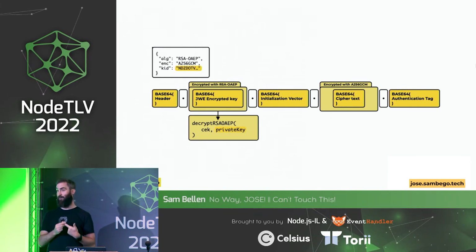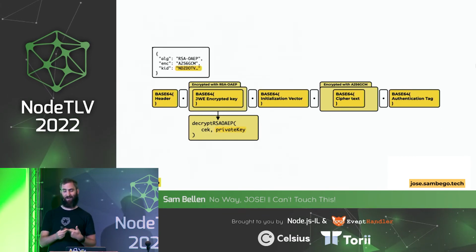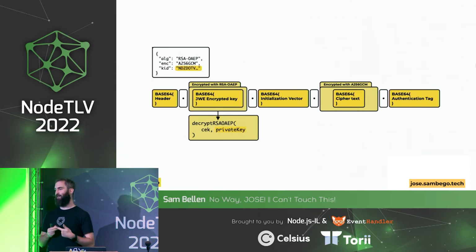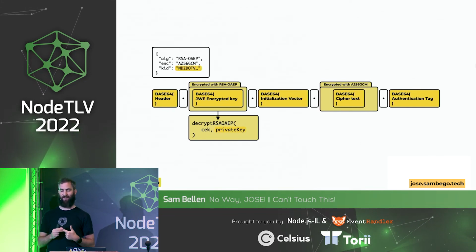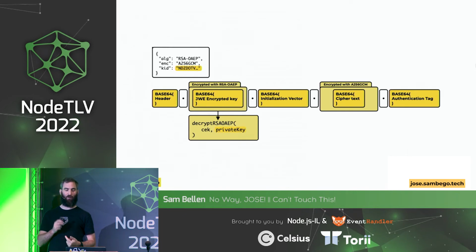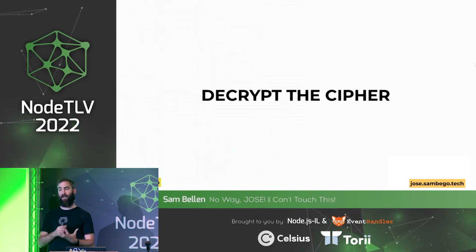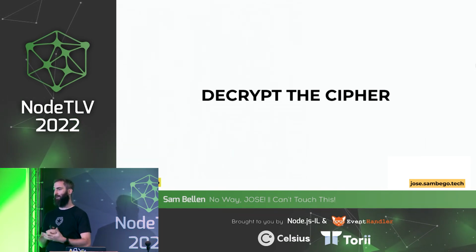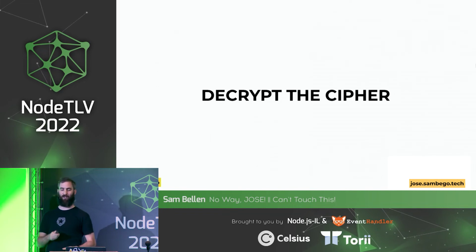And if we input all the right data in an algorithm, in a library, in a function that knows how to deal with this algorithm, we are able to decrypt this content encryption key. That's the first part of encryption. The first type of encryption used in the JWE, the asymmetrical ones, we use a private key to decrypt this content encryption key. Once we've decrypted this, we can actually decrypt the cipher, the encrypted message inside of this JWE.